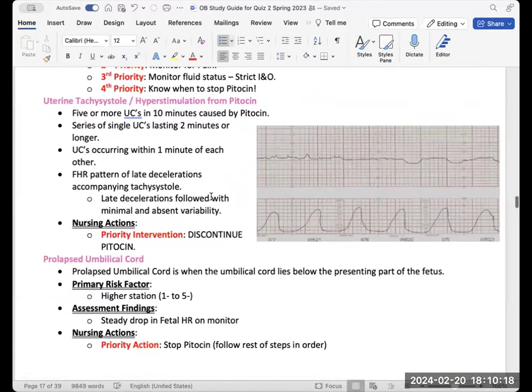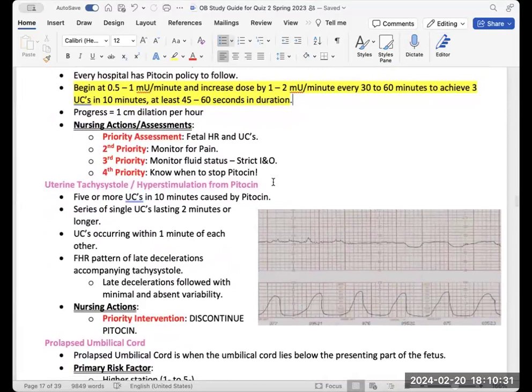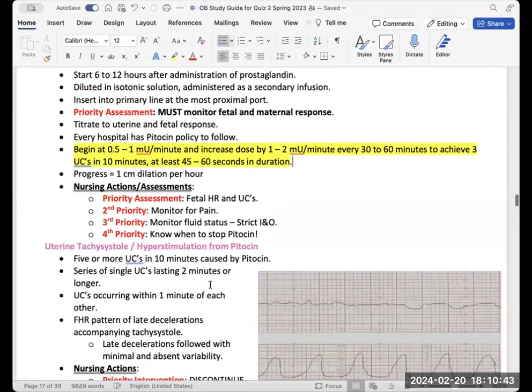Well, the problem is that with Pitocin, we could have something called uterine tachysystole, or hyperstimulation. We said the goal was to have 3 uterine contractions in 10 minutes that last at least 45 to 60 seconds in duration. When we have uterine tachysystole, we have 5 or more uterine contractions in 10 minutes, and they're going to last 2 minutes or longer. You see the difference, right? Regularly with Pitocin, we want 3 uterine contractions in 10 minutes, at least 45 to 60 seconds in duration.